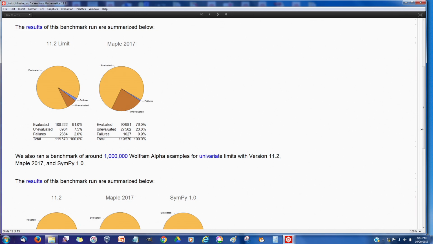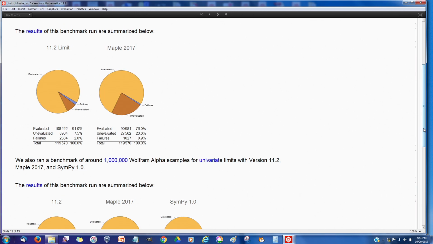So meanwhile, I got brave and asked Michael, can you also give me some univariate examples? So he sent me 1 million of them. We ran those, and this time we ran them with version 11.2, Maple, and SymPy, which is relatively new.